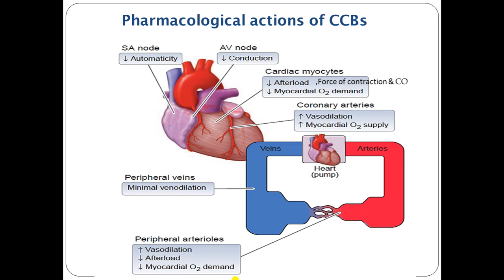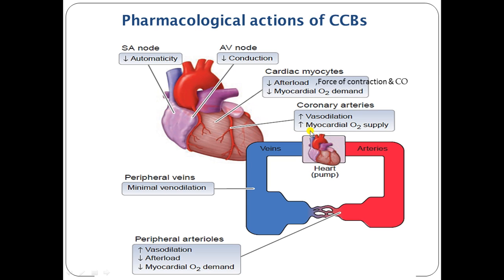So if we have to combinedly mention the pharmacological actions of calcium channel blocker, they are basically actions on the heart and on the cardiovascular system, other vascular system. On the heart, on SA node, it decreases automaticity. AV node, it decreases conduction. On cardiac myocyte, it decreases force of contraction, decreases cardiac output, and decreases myocardial oxygen demand.